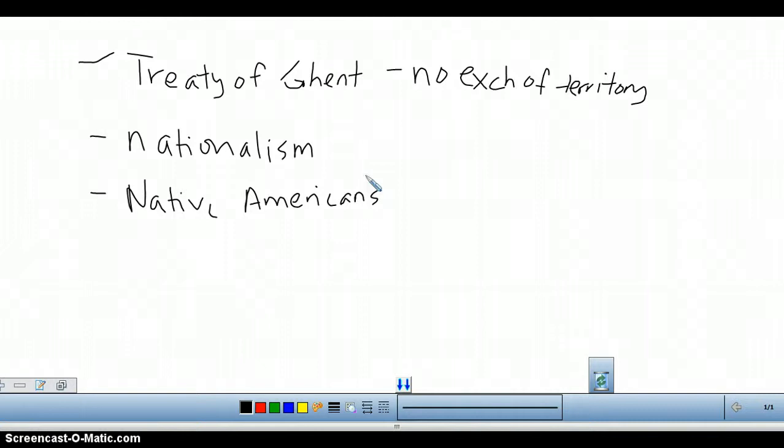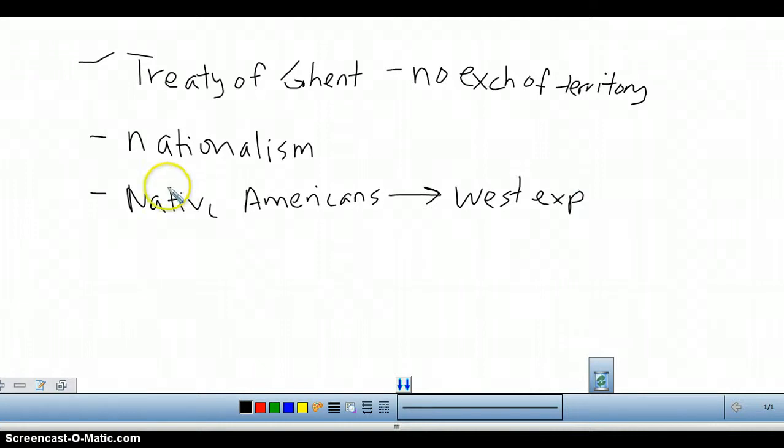And so with the defeat of Indian confederacies, we'll see a dramatic growth in westward expansion. And this is evidenced by many of the new states that will be admitted after this time period: Indiana, Illinois, Arkansas, and of course in 1820, Missouri, which brings about the famous Missouri Compromise.